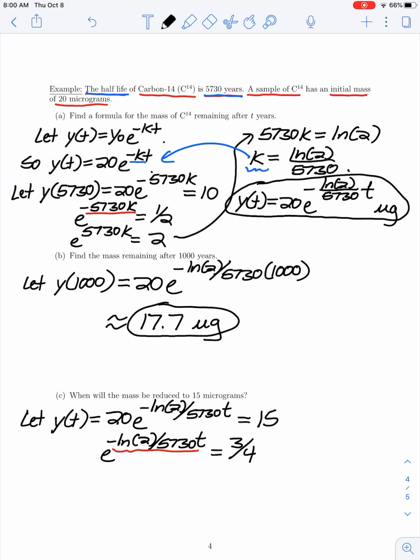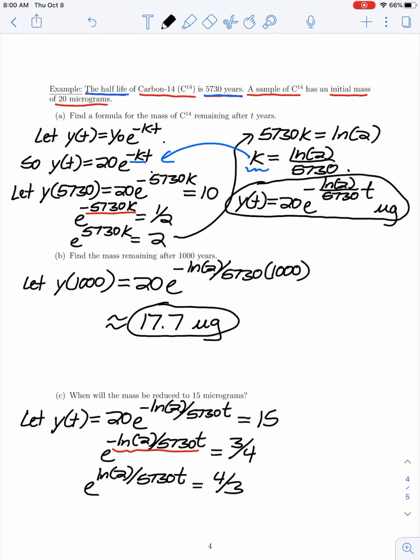So if I want to eliminate the negative in the exponential first, I could take the reciprocal of both sides of this equation, and I would have e raised to the positive natural log of 2 over 5730 t is equal to 4/3.